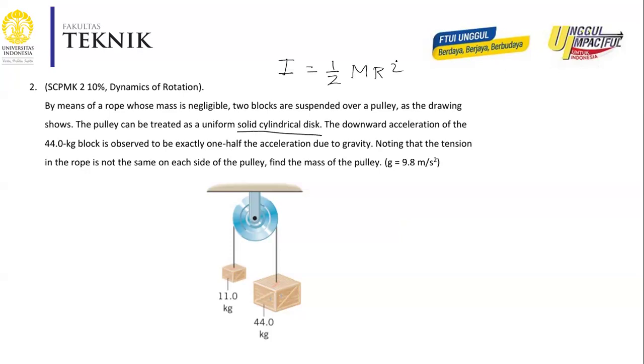And then the downward acceleration of the 4.4 kilogram block is observed to be exactly one half the acceleration due to gravity. So the acceleration downwards, a, is g divided by 2.